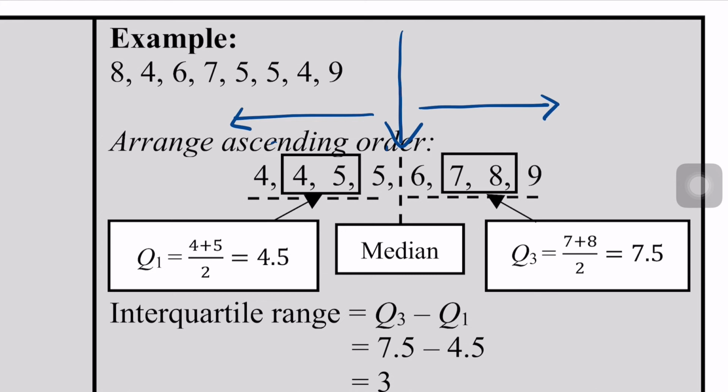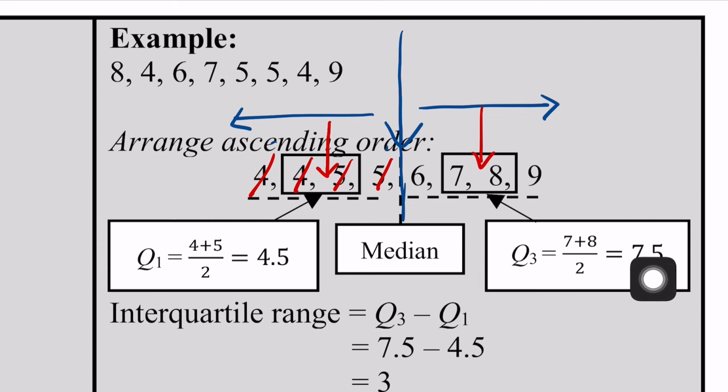Okay, bagi nampak. So, kita tengok yang to the left ni. Kita kira 1, 1, 2, 2. So, sini tengah-tengah dia juga. So, nak cari first quartile, kita tambahkan 4 plus 5 divide by 2. So, first quartile is 4.5. Sini pun sama. Third quartile, tengah-tengah ni. So, 7 plus 8 divide by 2.